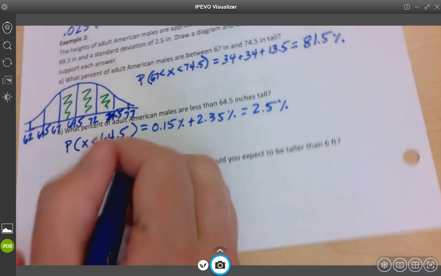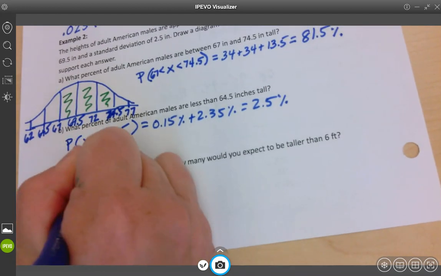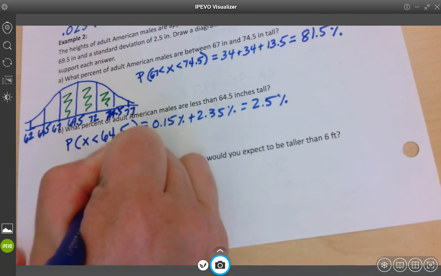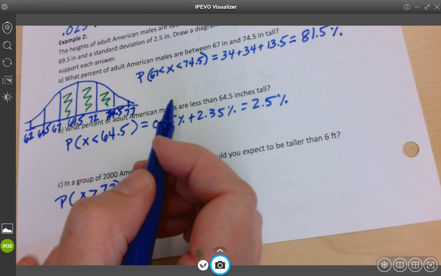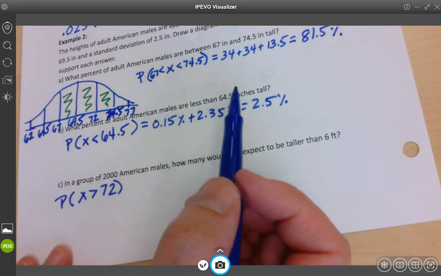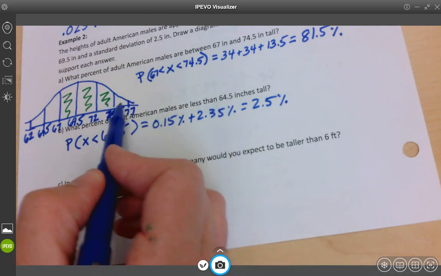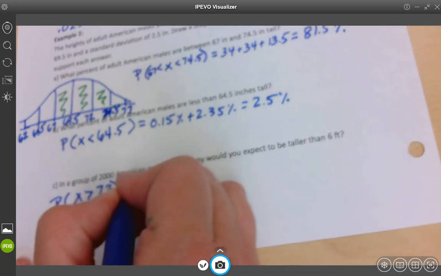Okay. So the probability that X is greater than 72. I'm going to add up these 3 sections.